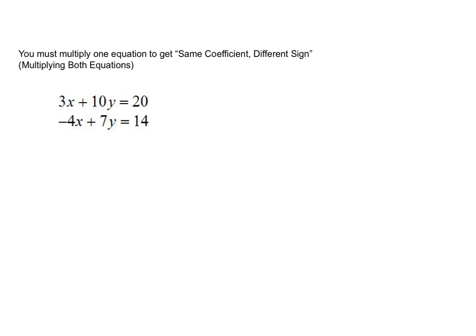You could have also, if you wanted, taken your equation and multiplied one number by a positive number, one number by a negative number. So in my second one, for my variable y, I could have said 10 times negative 7, and then 7 times positive 10, because that would give me a negative sign with the coefficient of 70, and this one would have given me a positive 70.